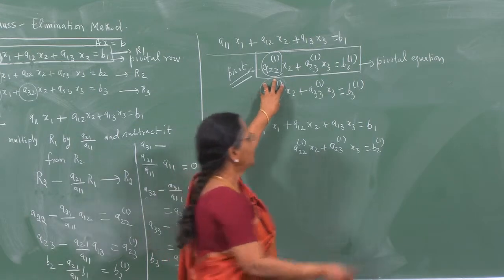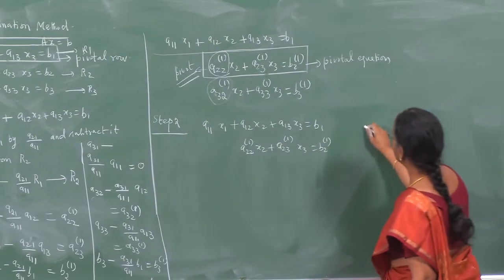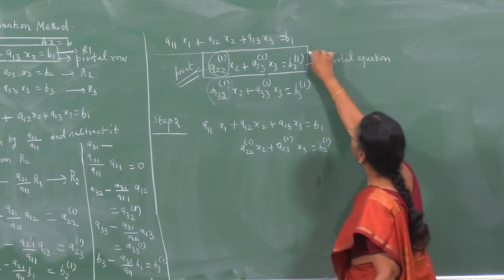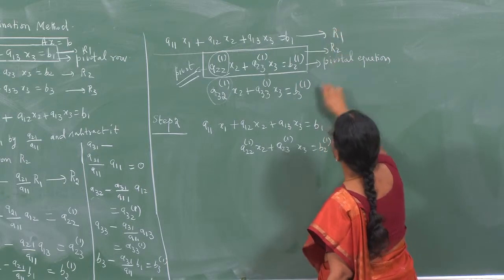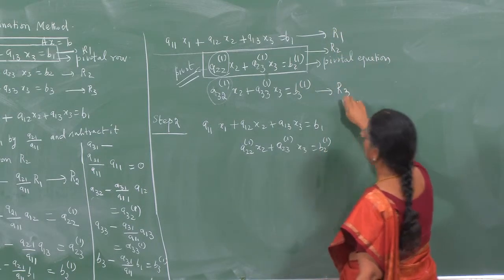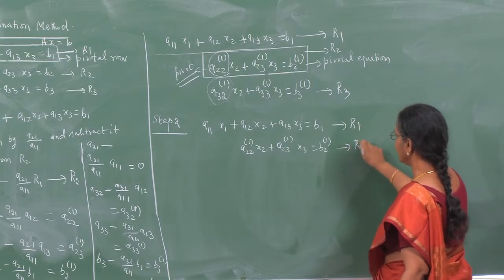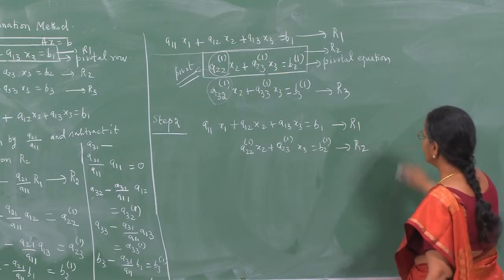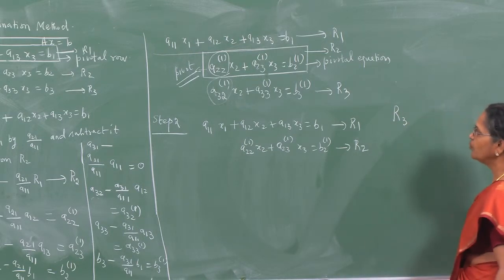So, what should I do? I must do an elementary row operation. What is it? Here this will be my second equation, this is the first equation and this is the third equation. So, I keep the first equation as it is, the second equation as it is, but when I come to the third equation, what do I do?